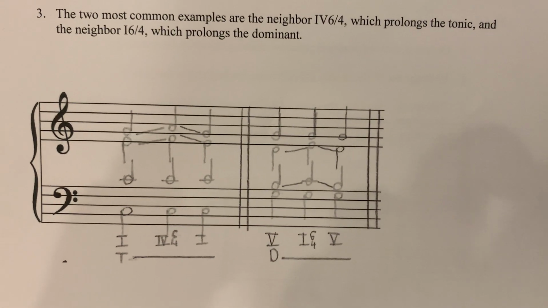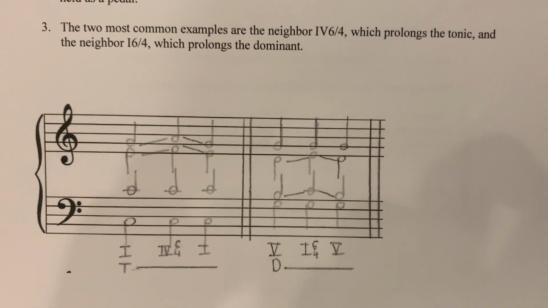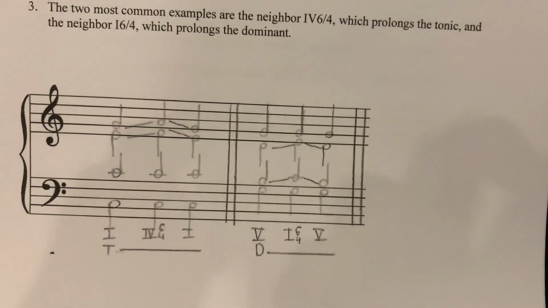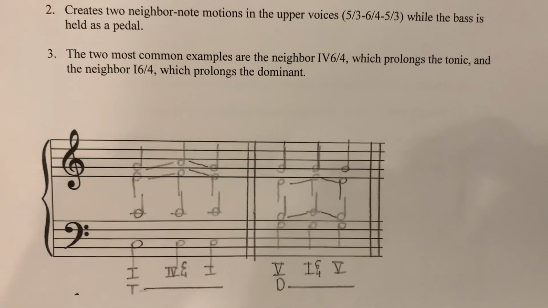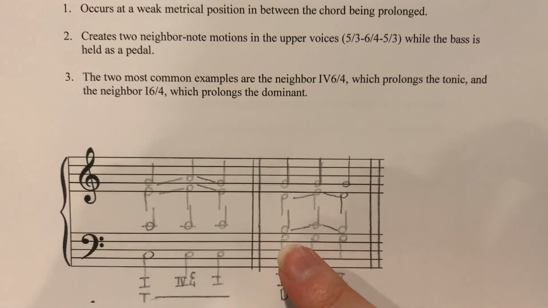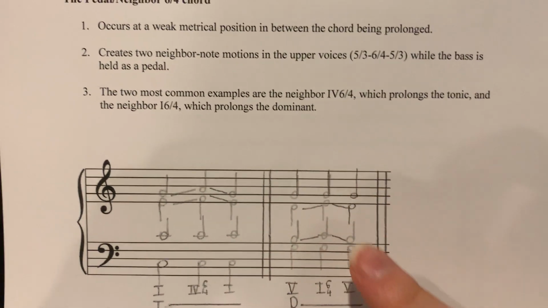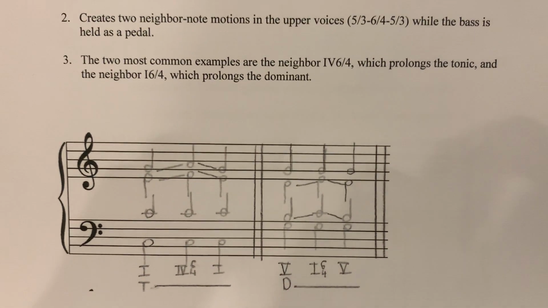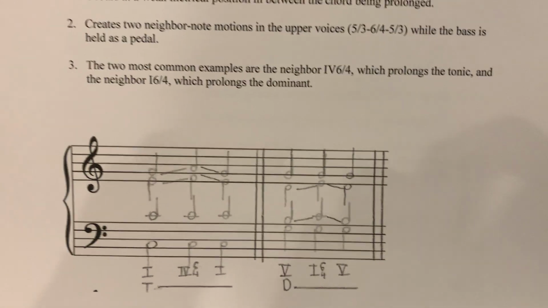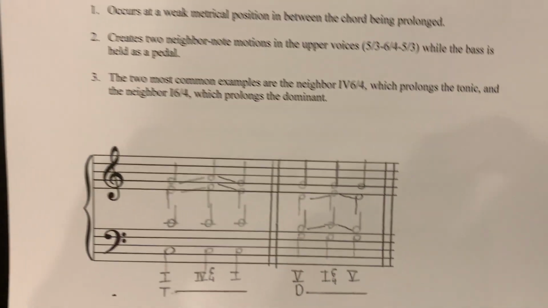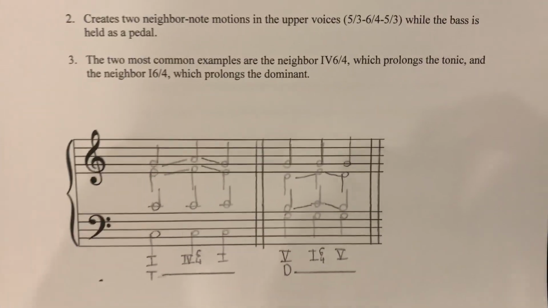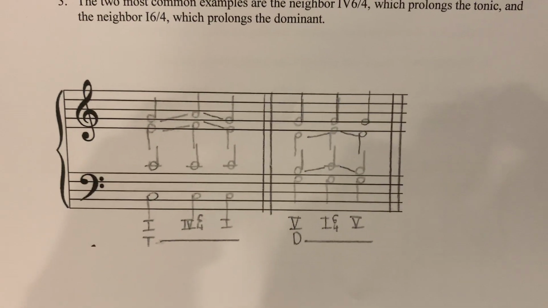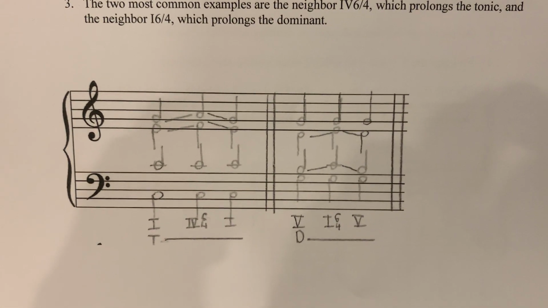And then you'll also sometimes find a neighbor or pedal 1/6/4. This is the second one I have, where it prolongs the dominant. So if we're in the key of C major here, notice how I doubled the G, right? Double the bass always for these. And then here I have the 2. So here's my 5 chord. I voiced it a little differently there so you could see something different.